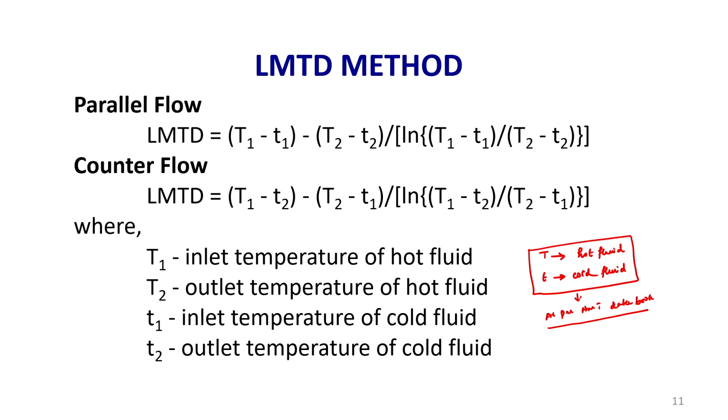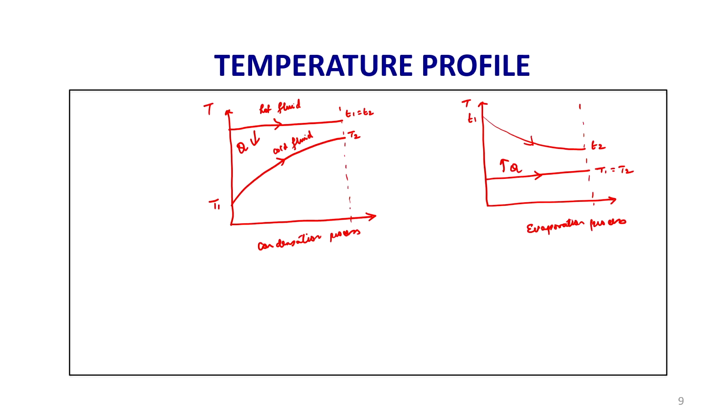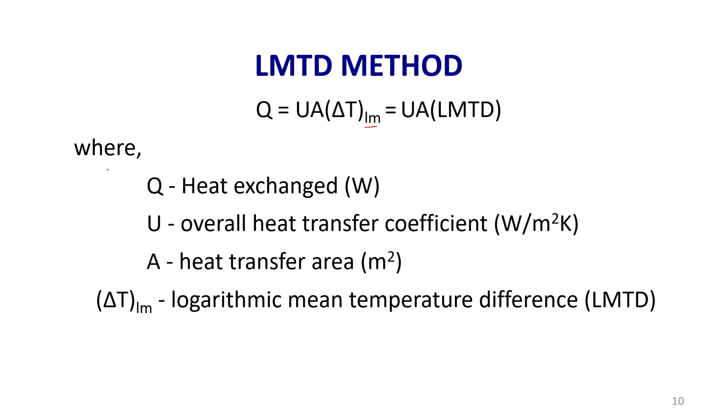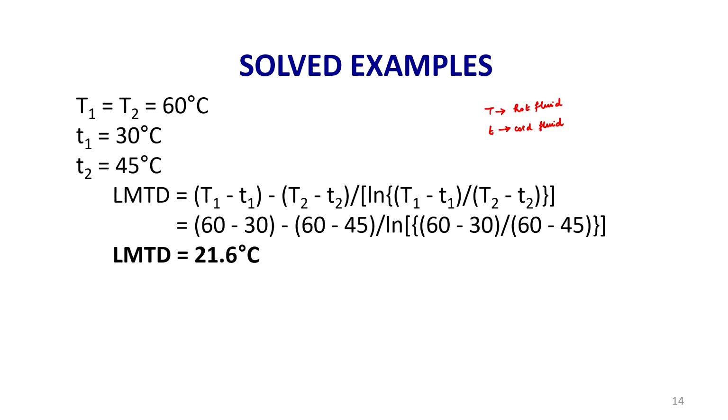If you see the diagram, the hot fluid is moving in this direction, and the cold fluid is also moving in this direction. So, the directions of both fluids are the same. So, it is parallel flow. The same thing is here also.